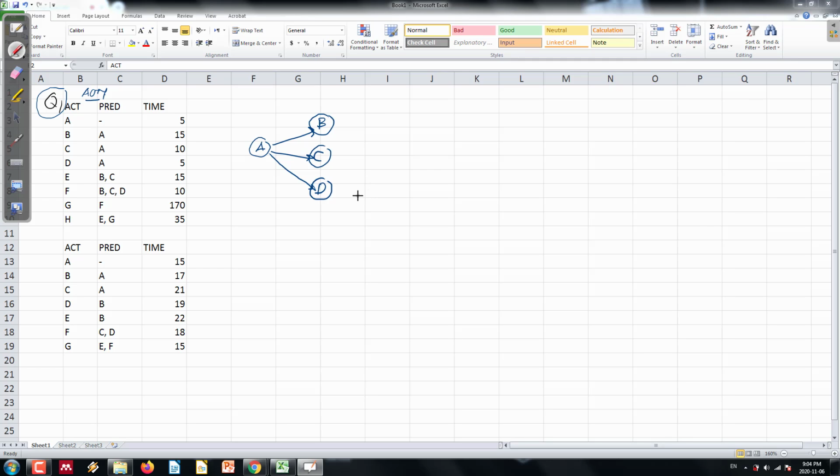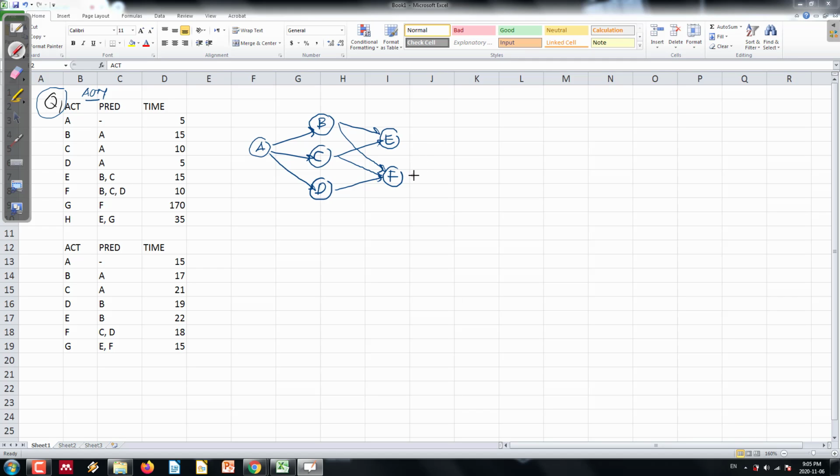Then after that, activity E has two predecessors, which are activity B and activity C. And activity F has three predecessors, which are activities B, C, and D. Because the crossover is unavoidable in this case, no matter how I rearrange it, we will leave it like this.